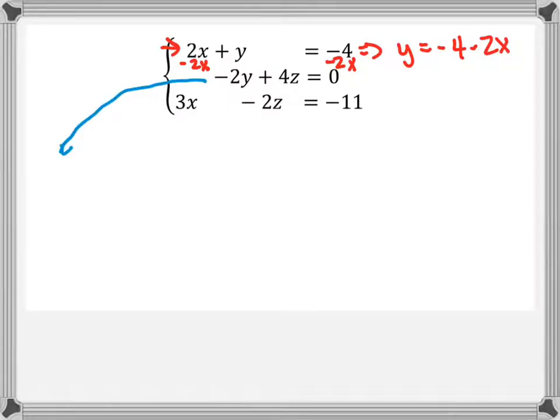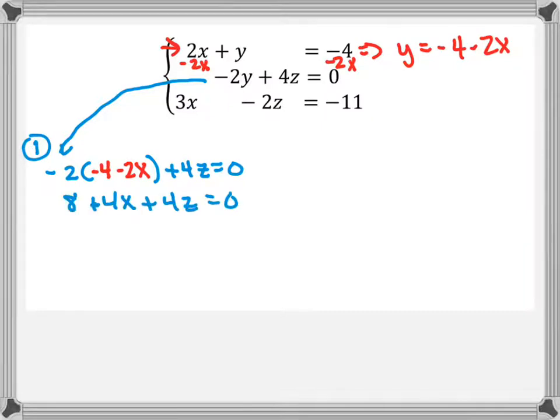So substituting into that second equation, I get negative 2 times negative 4 minus 2x plus 4z equals 0. Distributing, I get 8 plus 4x plus 4z equals 0. Going to subtract 8 from both sides and put this in standard form. So 4x plus 4z equals negative 8.